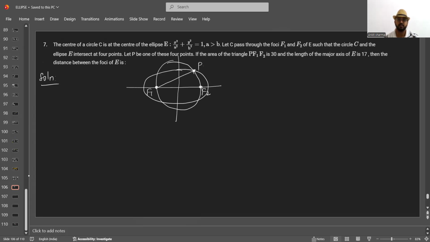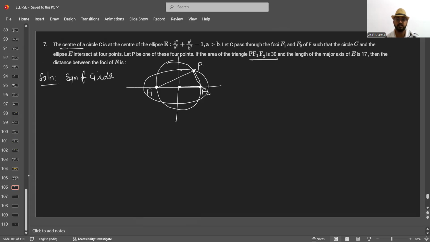Now they are saying that the area of this triangle PF1F2 is 30. All right. So if we consider the equation of circle, we can easily get it. Say my circle is centered at 0, 0 by this definition. And this circle is passing through the foci.